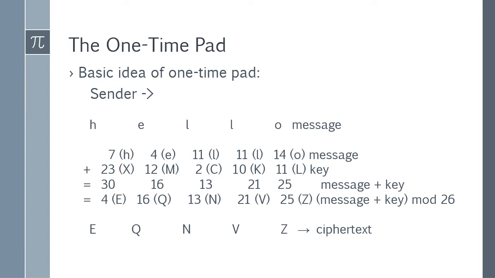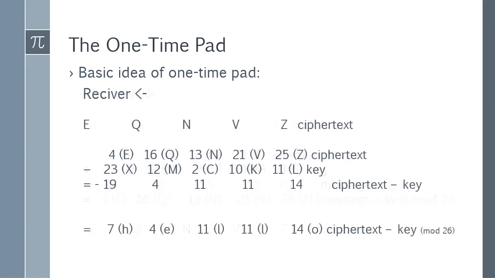Then 16 divided by 26 is 16. And as follows 13, 21 and 25. Then we convert it to letters and get E, Q, N, V, Z. The ciphertext to be sent is E, Q, N, V, Z.